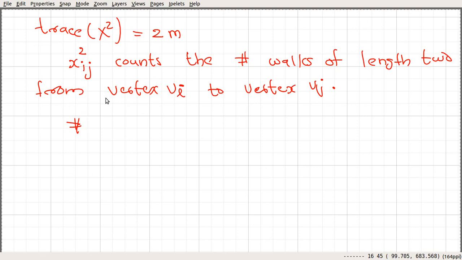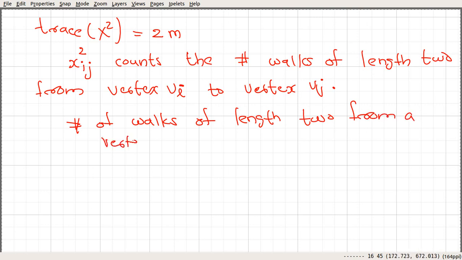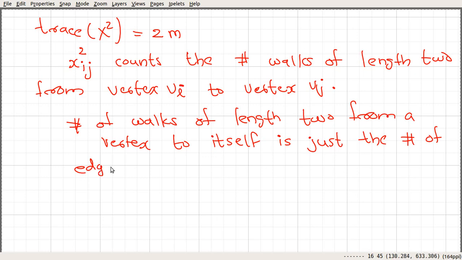The number of walks of length 2 from a vertex to itself, something like the xii entry, is just the number of edges incident on that particular vertex.